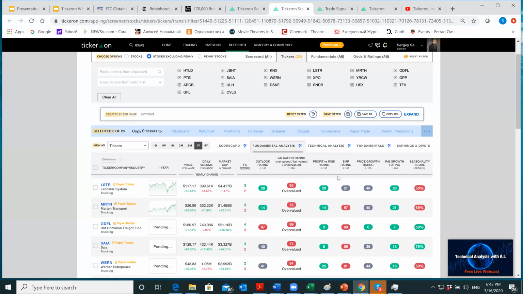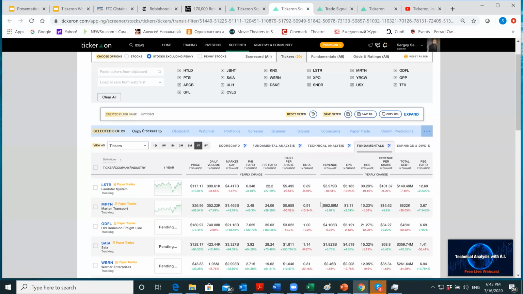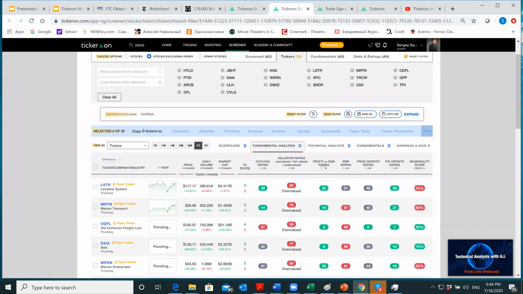Okay, so the same thing with the fundamental analysis. We analyze and sort them, or you can look at what you can see in any other screener. So if you're interested, come next Thursday. I'm gonna explain in plain English how we took all this and created our own ratings: profit versus risk, valuation, price growth, the SMR, the sales margin and return, PE growth, seasonality score.